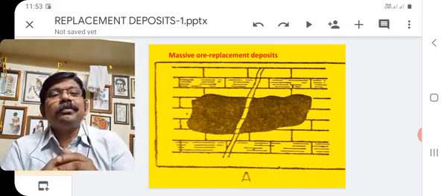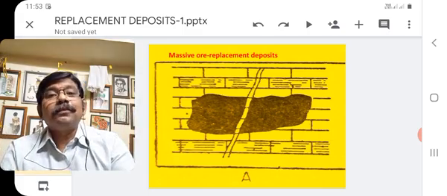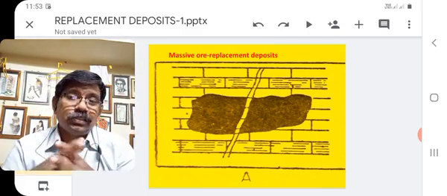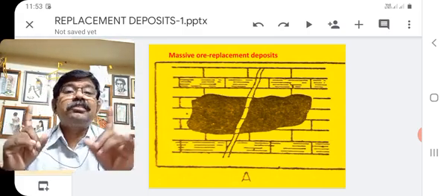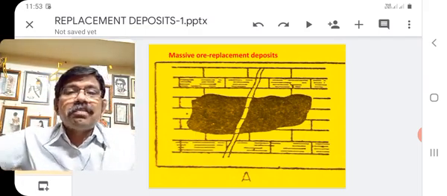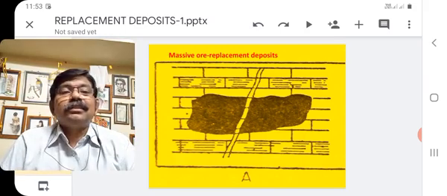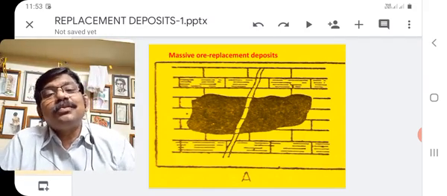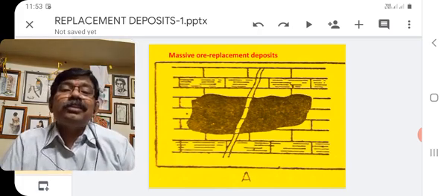Suppose this is a copper deposition or gold deposition, whichever it may be, that is the biggest deposition. The deposit will be very big in the earth, right? That is known as the massive ore replacement deposit.